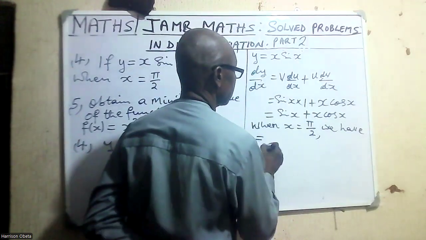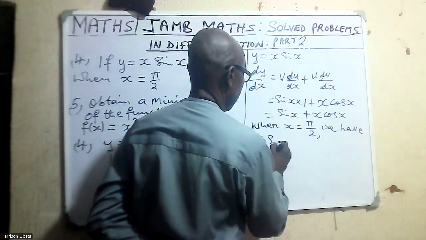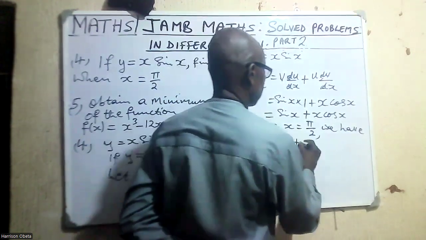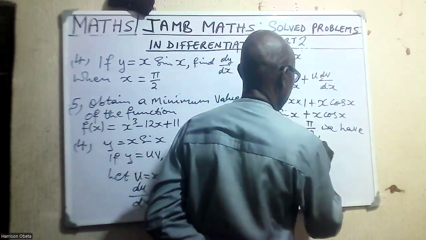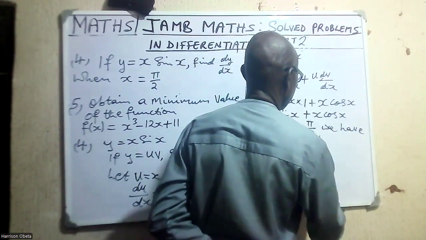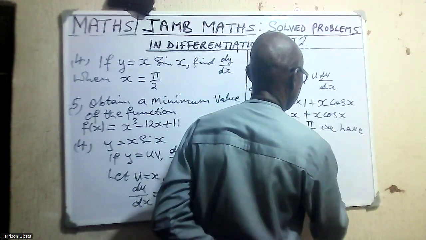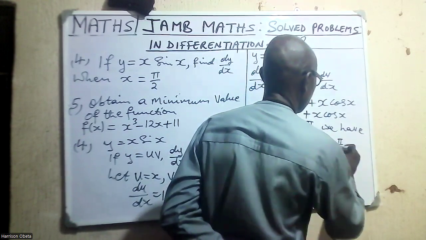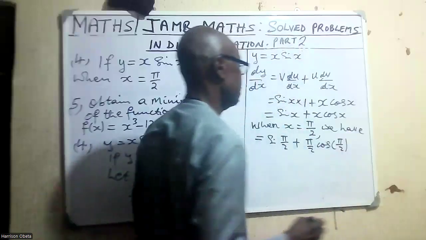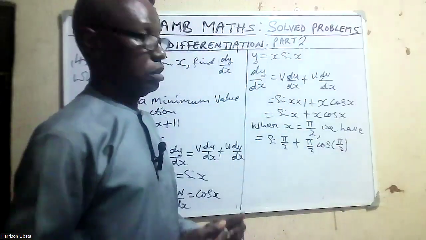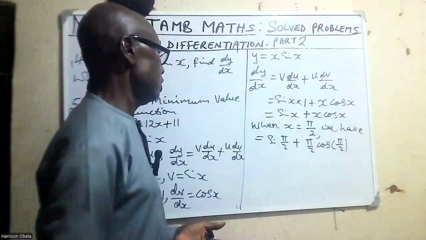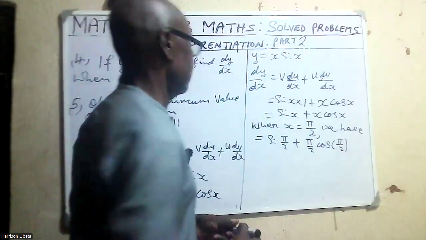That will give us sine pi over 2 plus pi over 2 cos pi over 2. And remember that pi is the same thing as 180 degrees, while pi over 2 is 90.